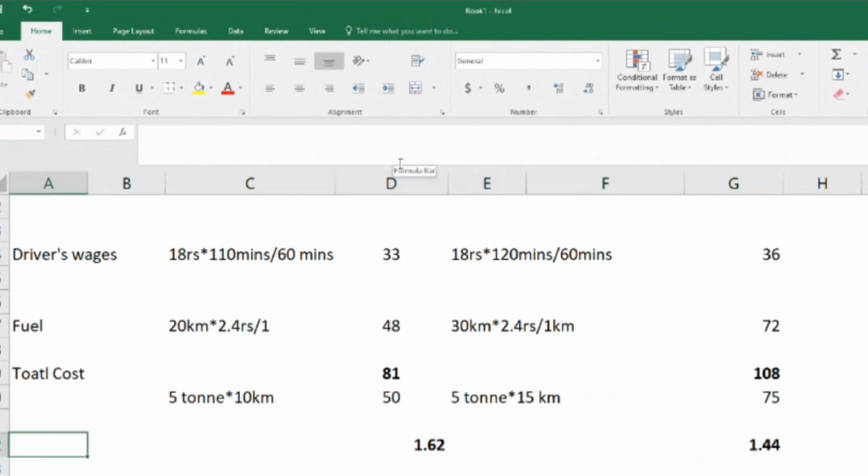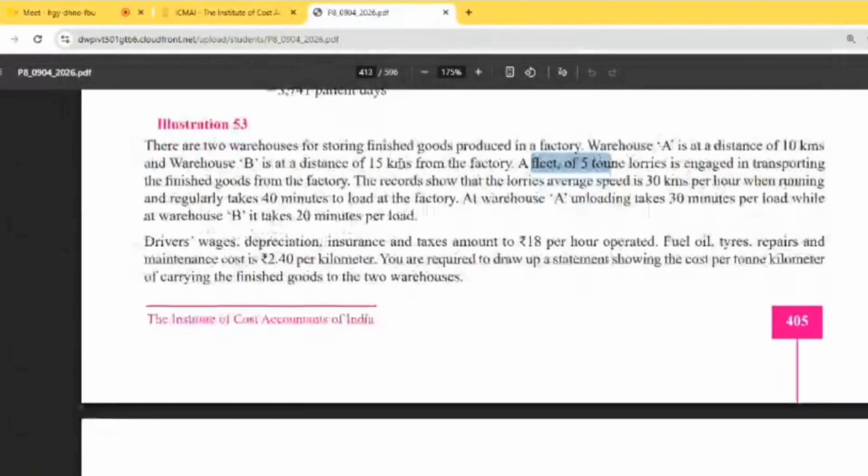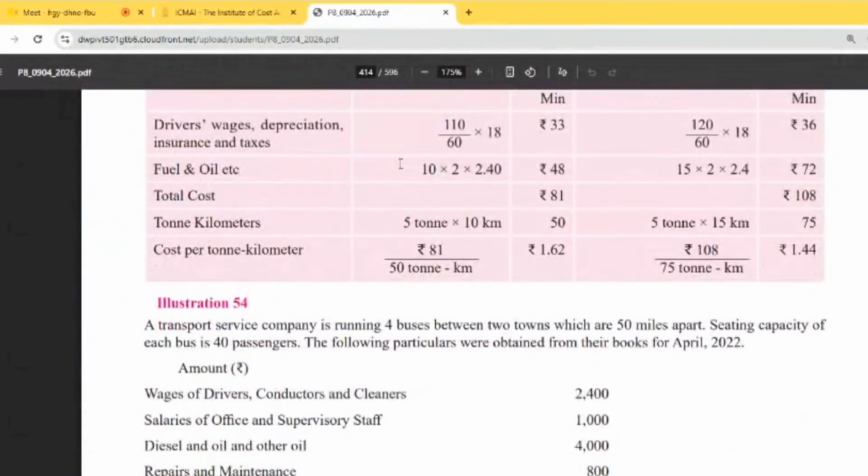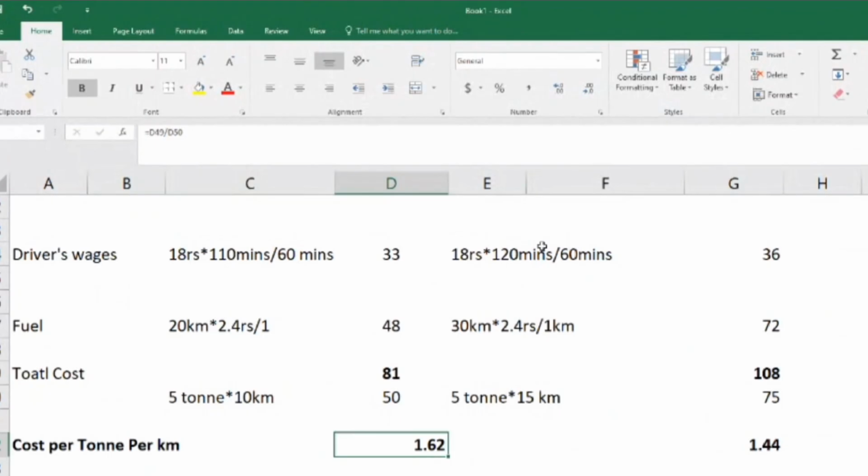Okay, this is your cost per ton per kilometer. Getting? Are you understanding this one? We will check our answers with the book answers. For A it is 1.62, yes. For B it is 1.44. Yes, we are correct.